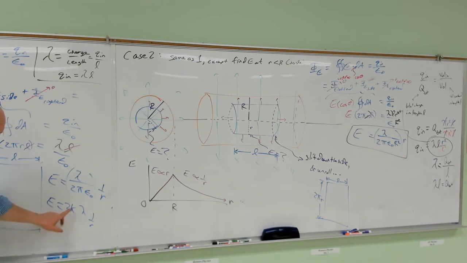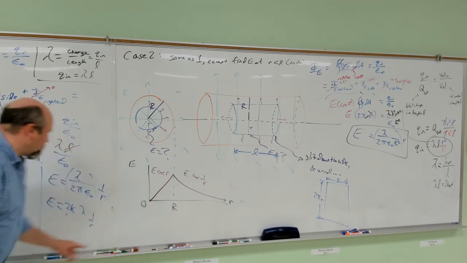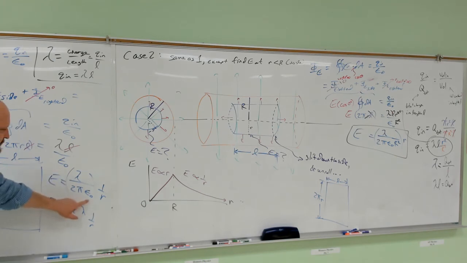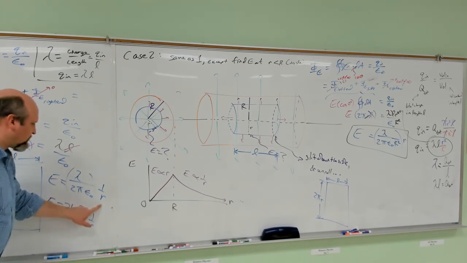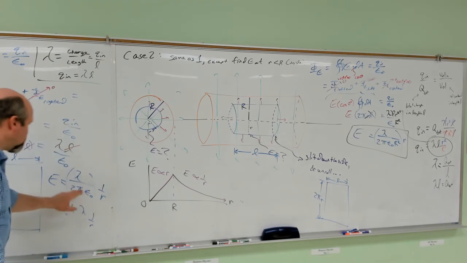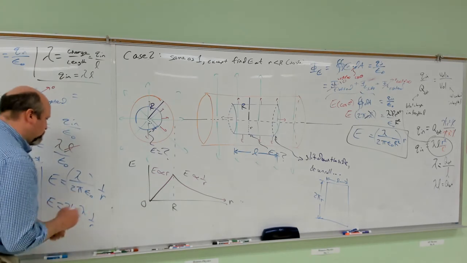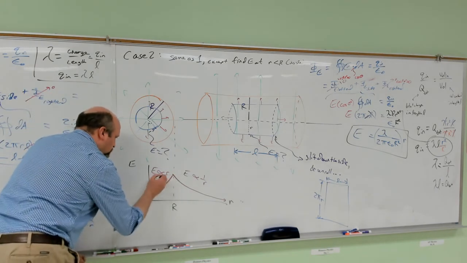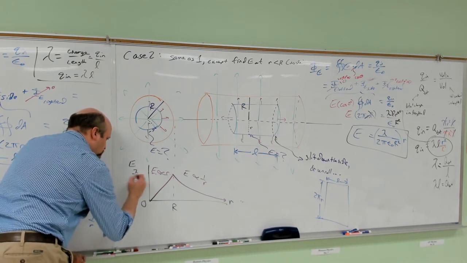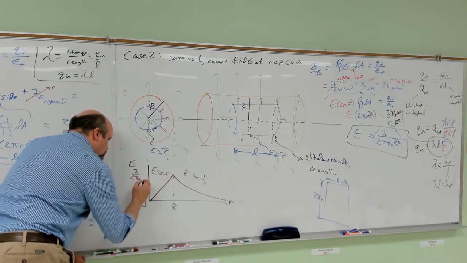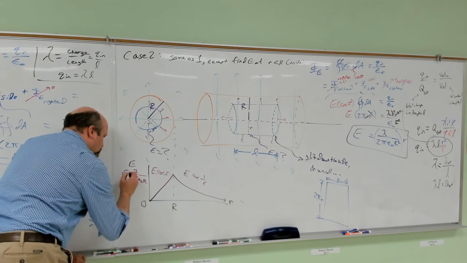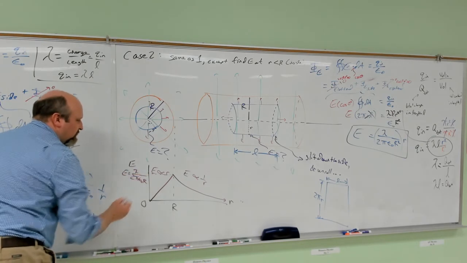Here I've got lambda over 2 pi epsilon naught times 1 over r. My r here is big R, so I would get lambda over 2 pi epsilon naught big R for the calculation for the field strength outside. Lambda over 2 pi epsilon naught big R, for that value right there.